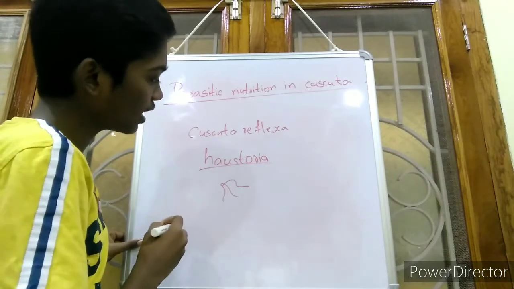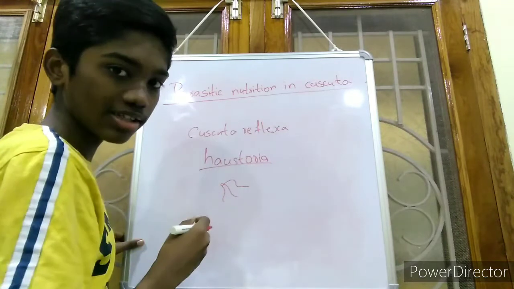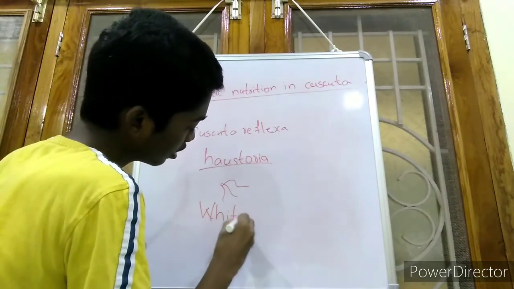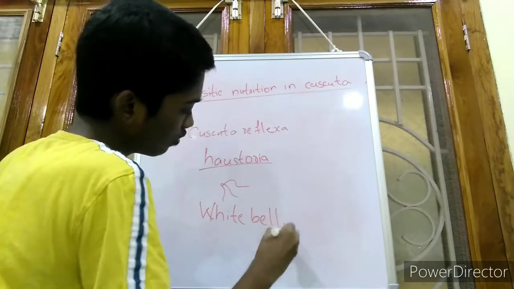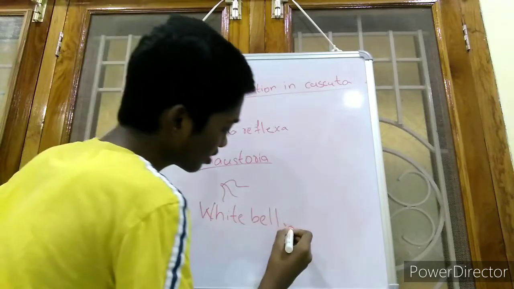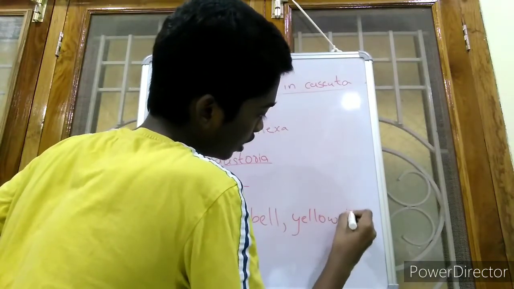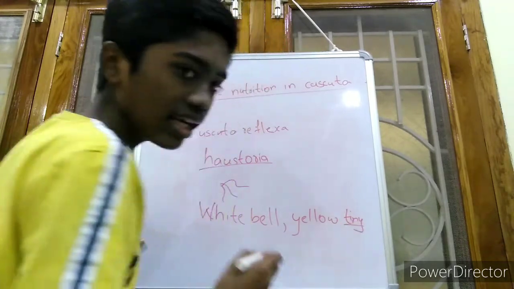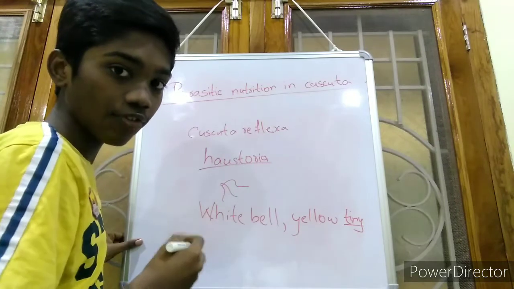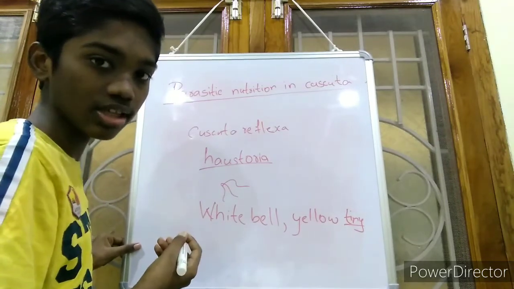Now coming to the petals, there are two types of petals present in this Cuscuta reflexa. One type is white bell petals and another type is yellow tiny petals. Inside these petals, there are nodule-like clusters and twining-like structures.